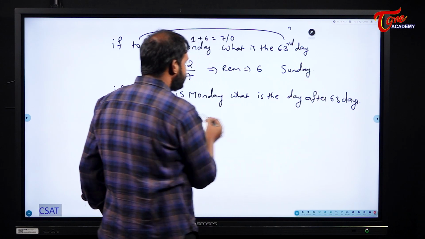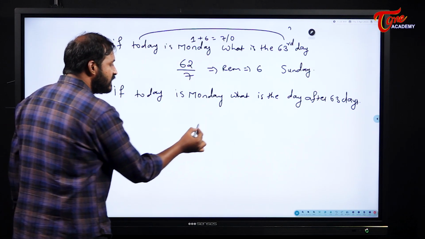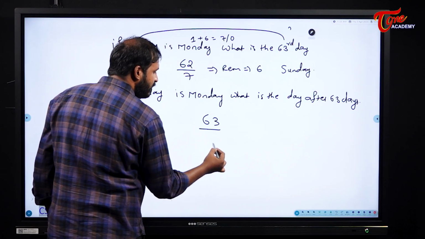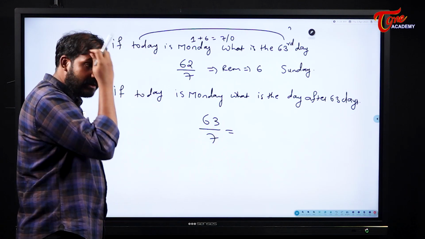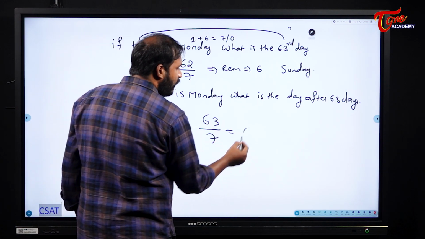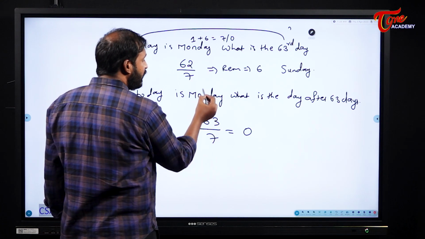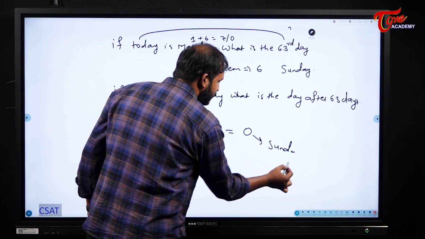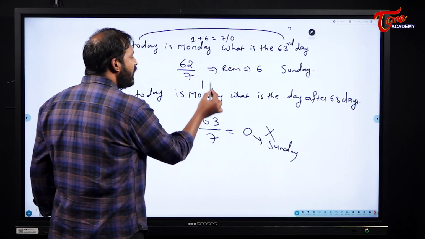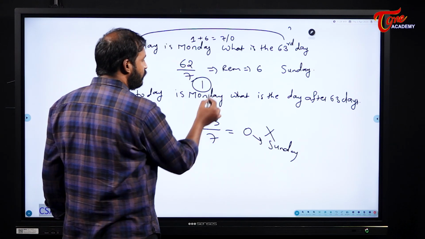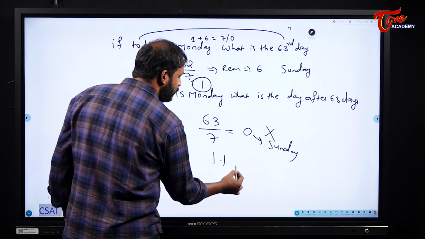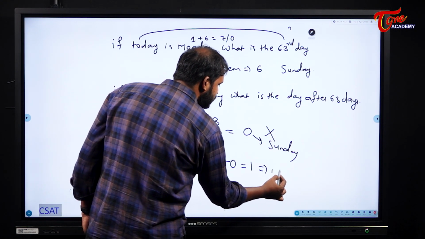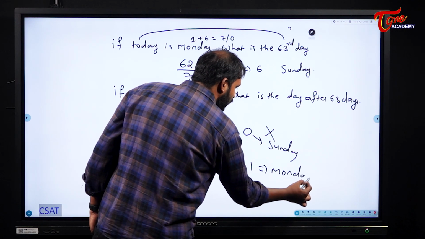Now, a day after 63 days means you can directly take 63 by 7, and the remainder you get is 0. Monday code is 1. Don't write 0 directly as Sunday, students. This is wrong. You need to add that 0 to the Monday code: 1 plus 0 becomes 1, so it is Monday.